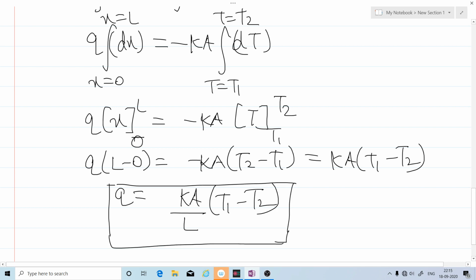The slab has length L, K is the thermal conductivity of the material, and A is the area perpendicular to the direction of heat transfer. T1 and T2 are the extreme temperatures of the slab, that is on the left hand face and right hand face, and T1 minus T2 is called the temperature difference. This is the formula for heat transfer through a rectangular slab.